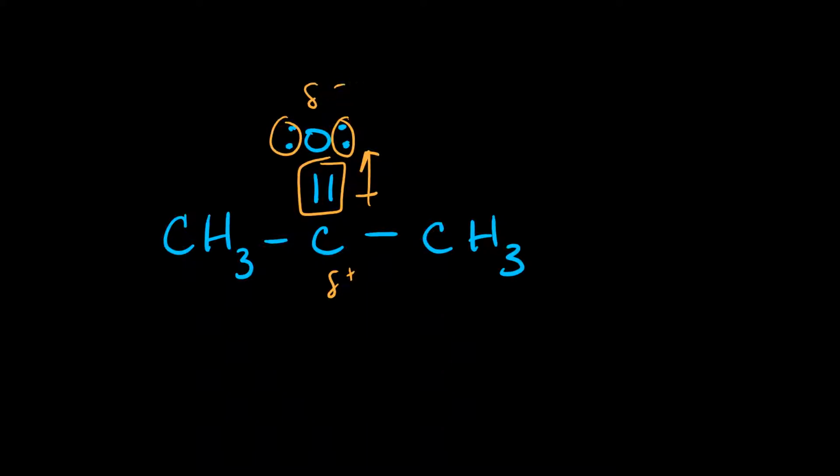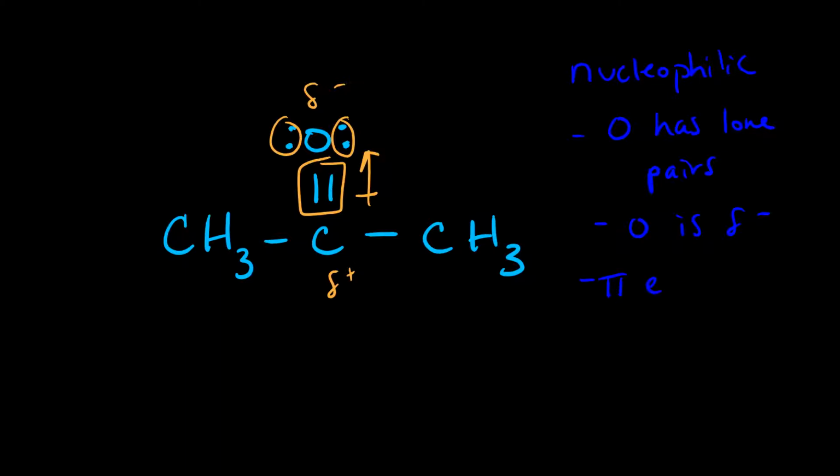Okay, so if I'm going to list my evidence, I'm going to say that it's nucleophilic, particularly at the oxygen, because the oxygen has lone pairs and the oxygen is partially negative. Oh, and I forgot about pi electrons, which we saw can be basic.